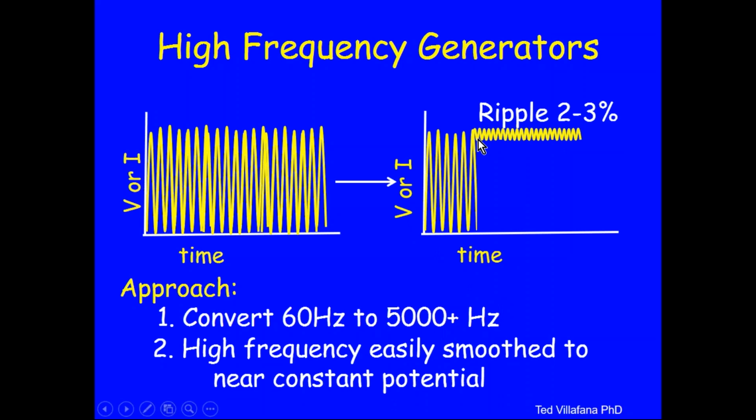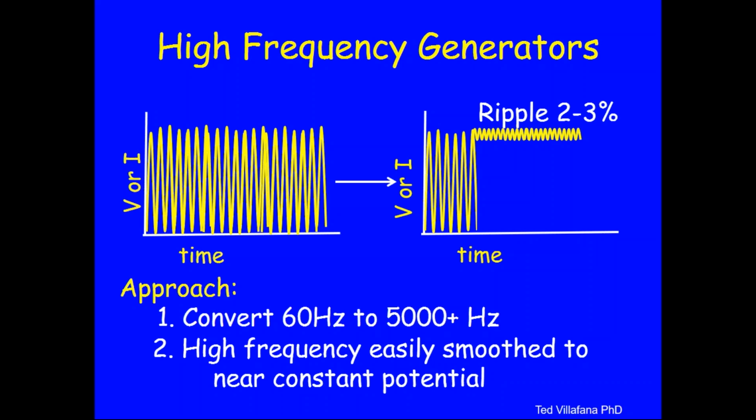The frequencies are so high that the system cannot follow it and will paralyze at the maximum. And then the ripple is of the order of your three-phase 12 pulse. It's somewhat less, 2 to 3% rather than 3%. But the point is that all of this requires very little equipment. It's a small package, which is what you want for a portable.